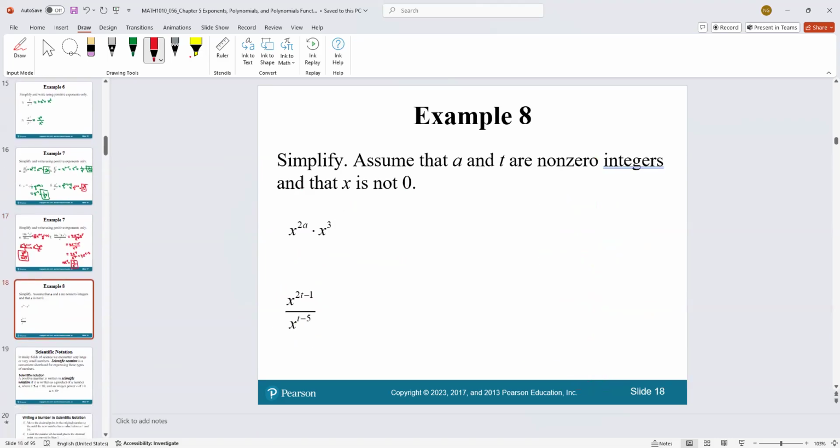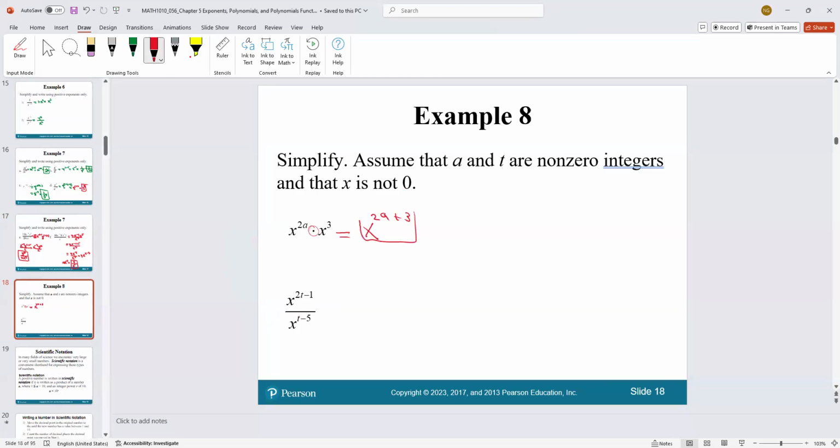Again, simplify, assume that a and t are non-zero, because sometimes with zero, that would be a problem, right? What they ask you to do here is still the same base. Remember, this is multiplication. So if I have the same base, I can simply add the exponents. And right here, there is nothing I can do because they said 2a plus 3.